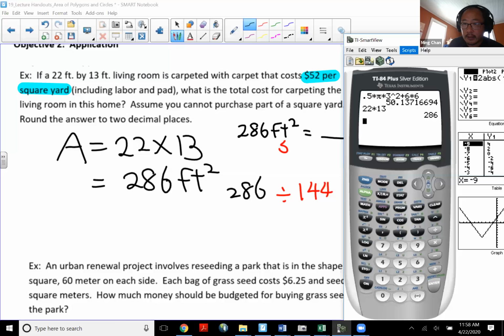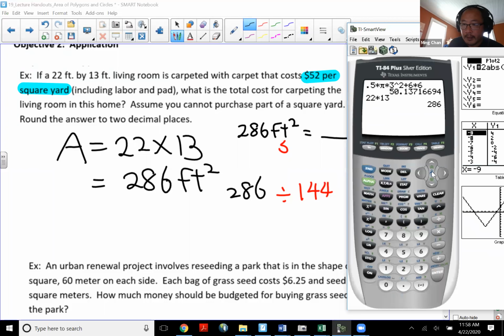So if I go to my calculator right now and take 286 divided by 144, it's going to give me this many square yards. So don't round this. We only round the final answer, not a part of the process. Then I would need almost 2 square yards. $52 for 1 square yard. For 2 square yards, what do I do?